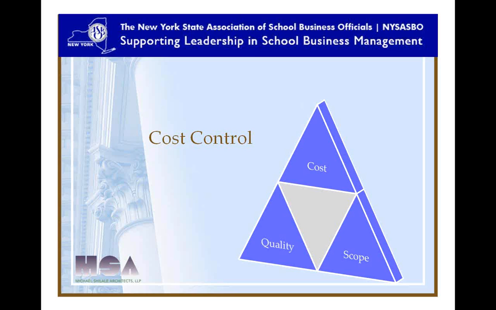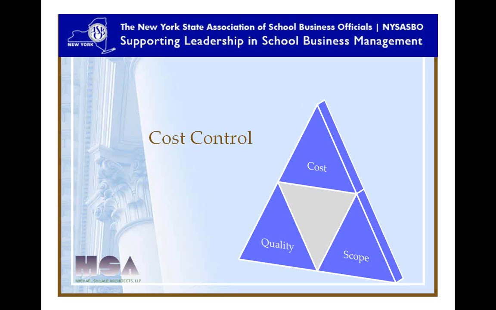So if you're replacing 100 doors and your budget is X amount of dollars, and you're finding that the costs are coming in high, you can either reduce the quality of those doors, which oftentimes is not a good idea, especially in schools and some of the other projects that we do. Doors and door hardware are some of the costliest items to maintain and upgrade, and we find spending extra dollars there makes a lot of sense.